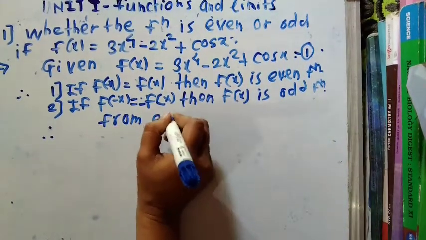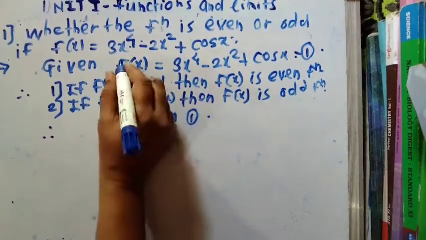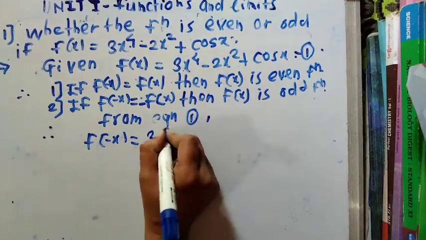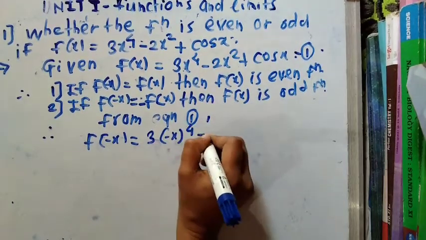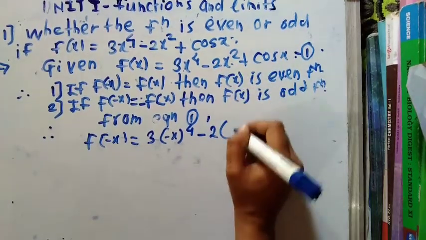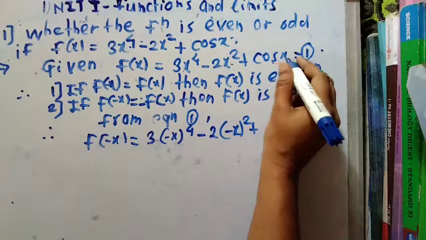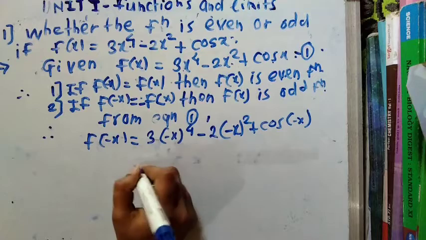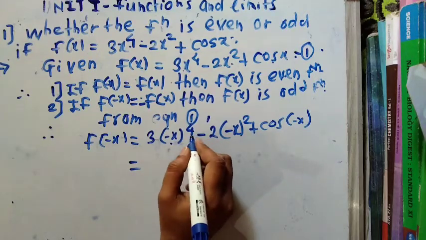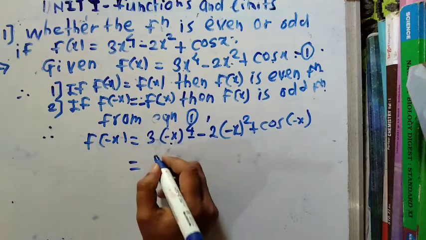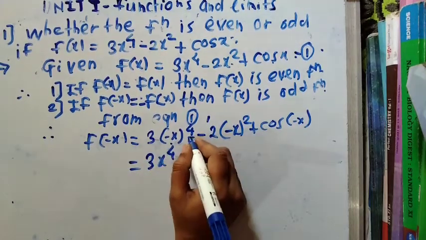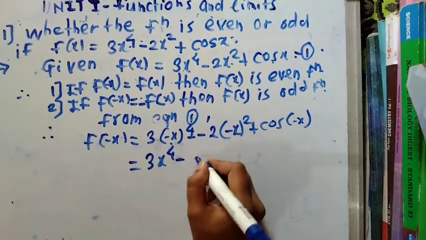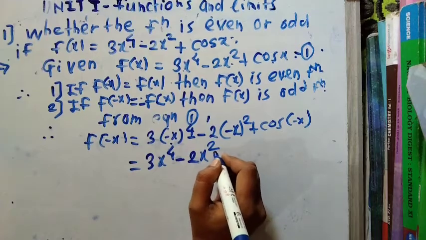From equation 1, f of minus x is equal to 3 into minus x raised to 4 minus 2 into minus x square plus cos of minus x. But minus x raised to 4 is x^4, an even power, so positive sign: 3x^4. Minus x square is x square, so minus 2x square.